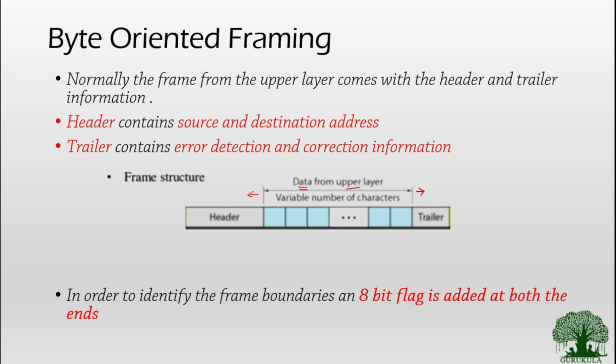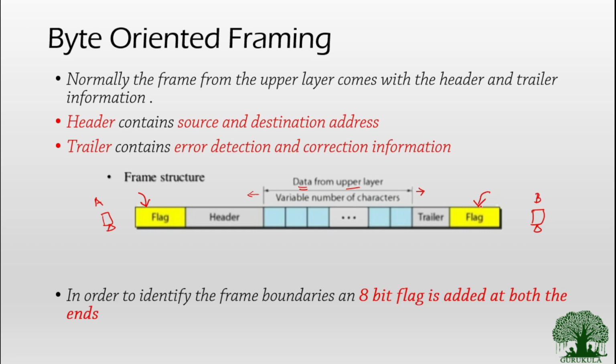In order to address the boundaries of the frame, an 8-bit flag is added at both ends of the frame like this. There you can see an 8-bit flag appended before the header and after the trailer. Whenever a frame is sent from node A, the sender, to node B, the receiver, node B will receive the flag bit first.